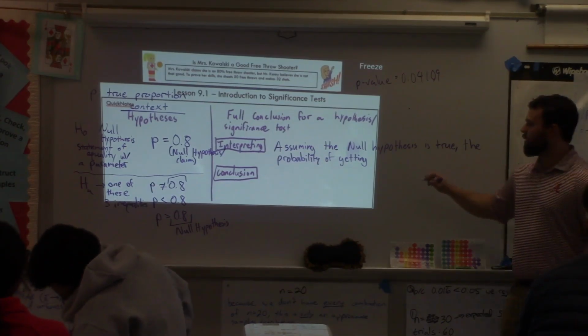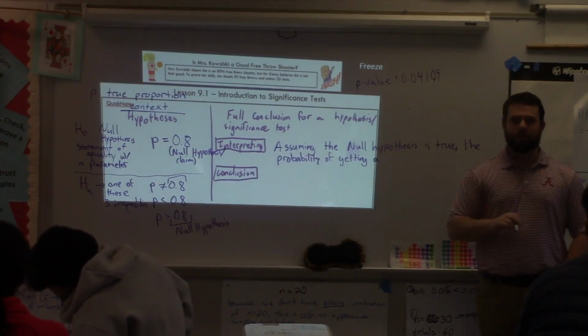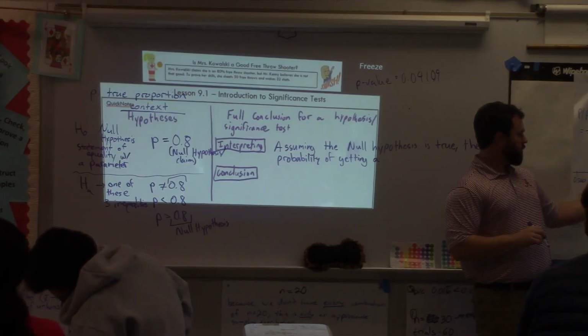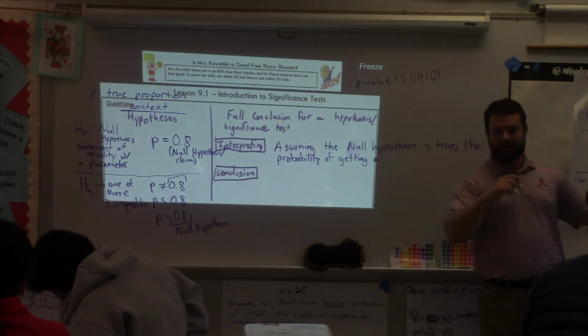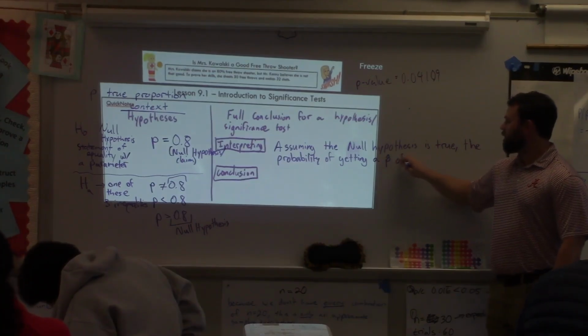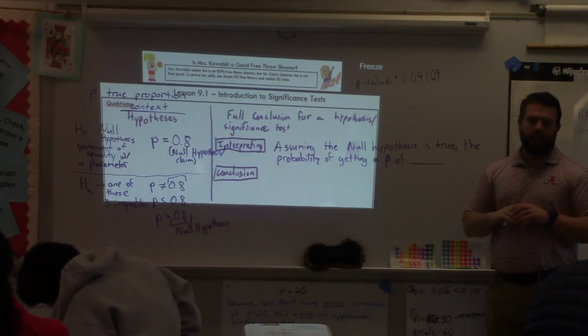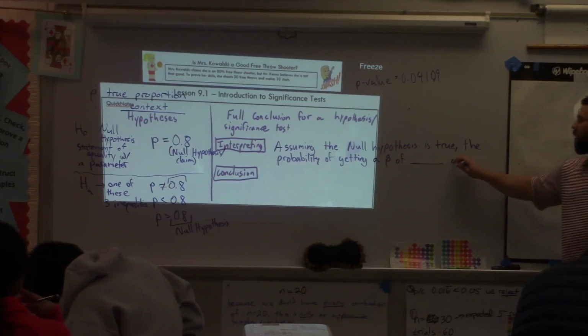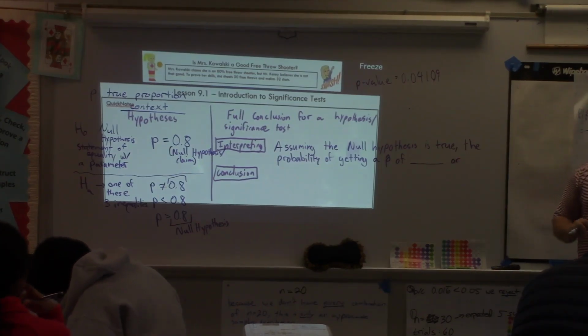The probability of getting a sample proportion, a p-hat, of .64. A p-hat of blank. It's going to change per study, per example. So the probability of getting a p-hat of blank or more extreme.